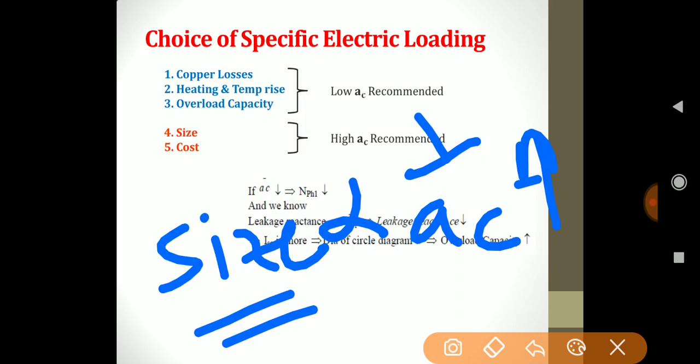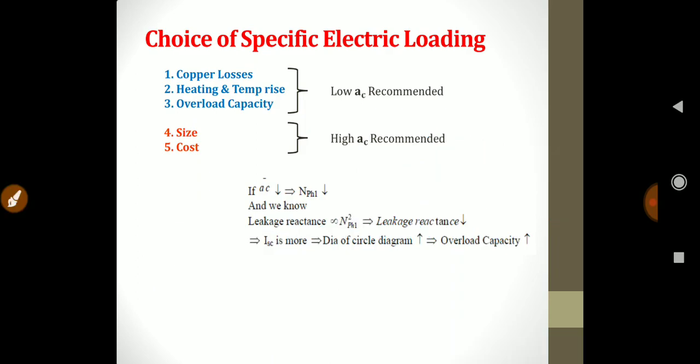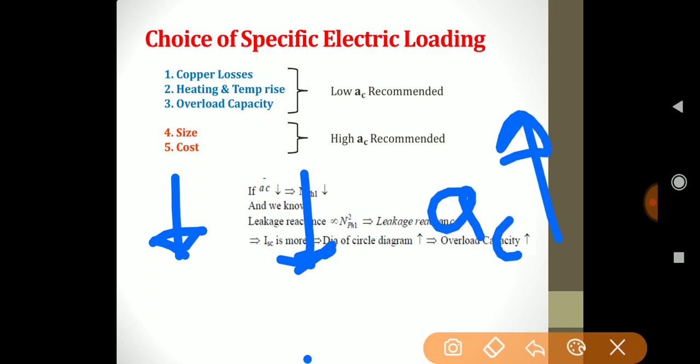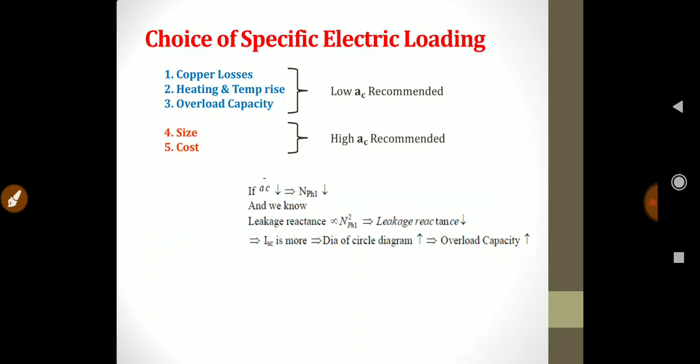So for small size, AC is recommended to be as high as possible. On the other hand, the cost of the machine is going to be less if size of machine is less, and size is less if AC is high. Hence, for small size of machine and low cost, AC should be as high as possible.